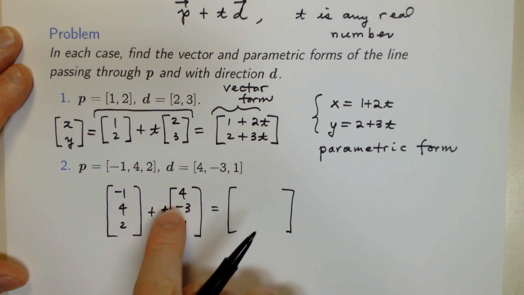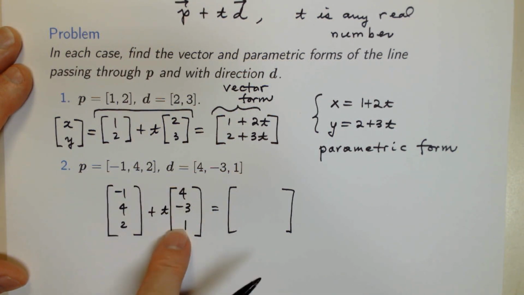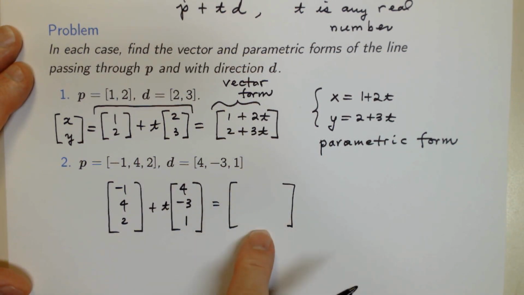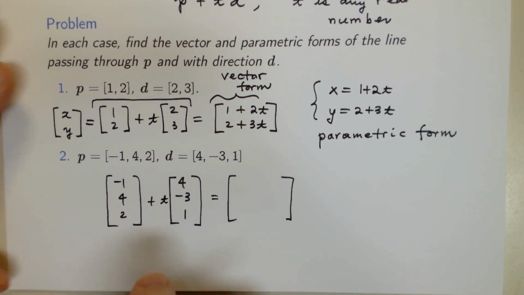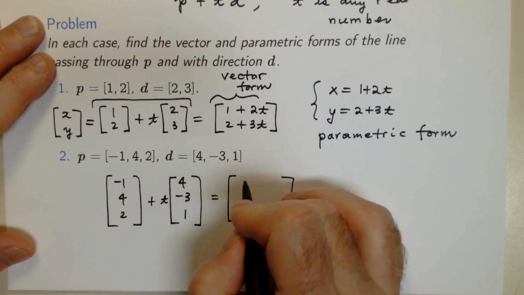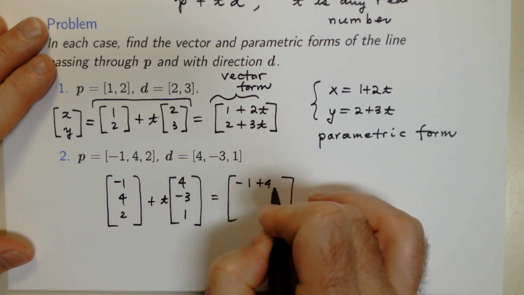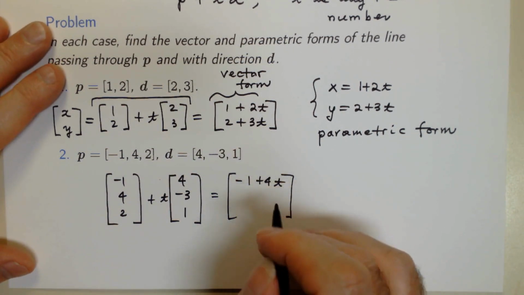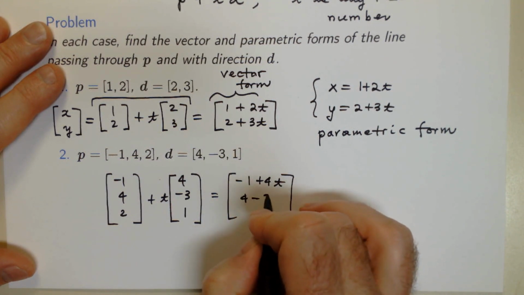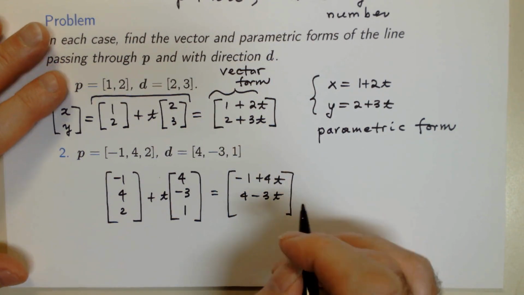Now by scaling, and then by doing the vector addition, we can see that the components of this vector are -1 plus 4t, 4 minus 3t, and 2 plus t.